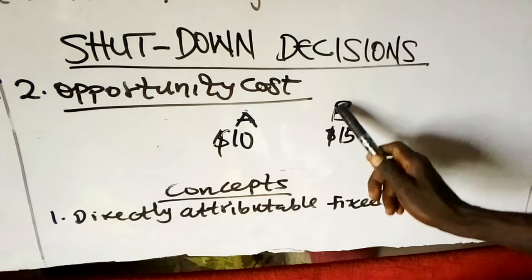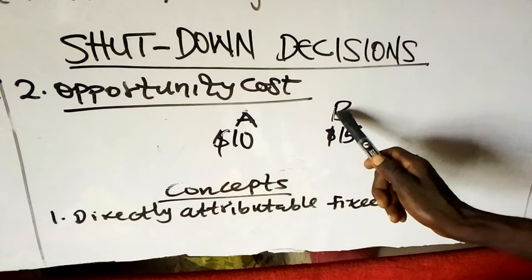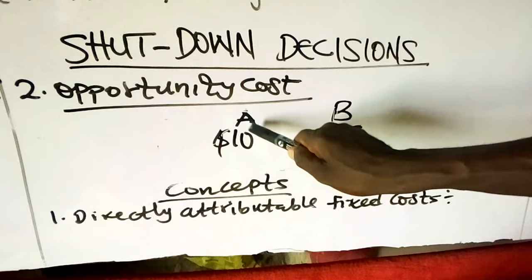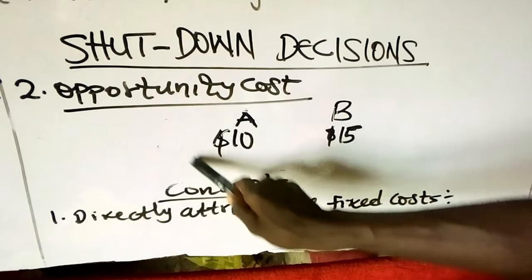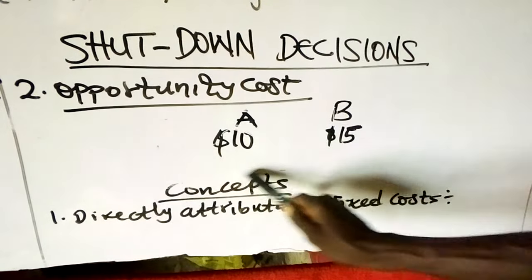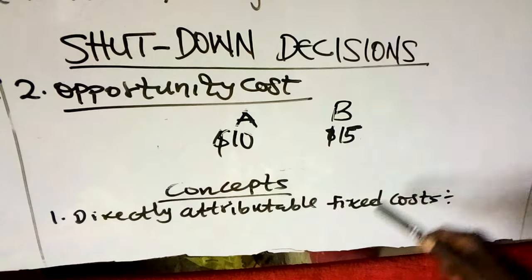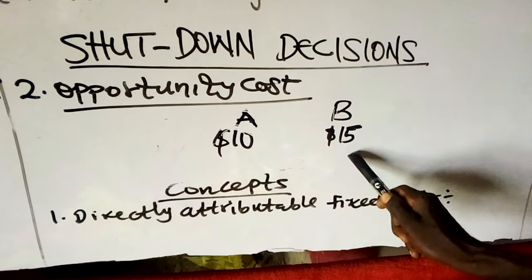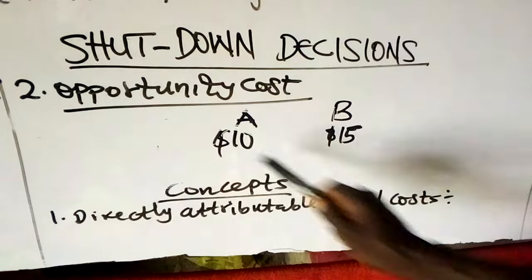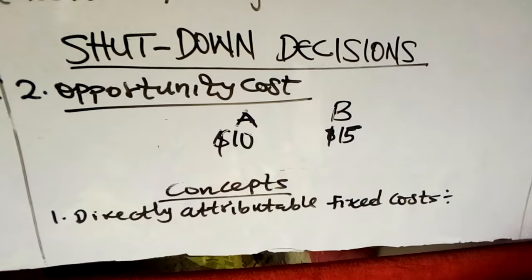If you want to execute project B, you have to stop A. If you stop A, the contribution of $10 you will forgo from A is the opportunity cost of producing product B. And that opportunity cost is contribution.